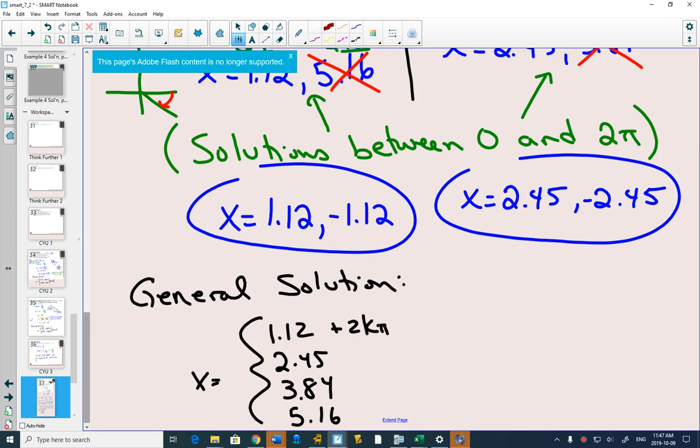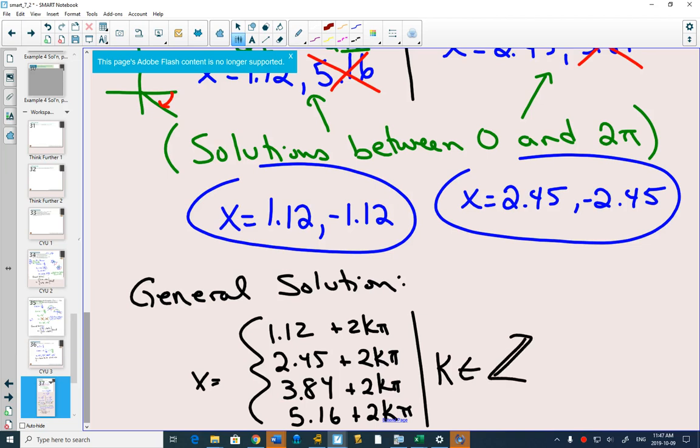Add 2k pi to each of them since we're in radians, where k is an integer.